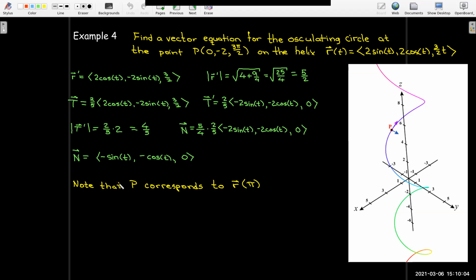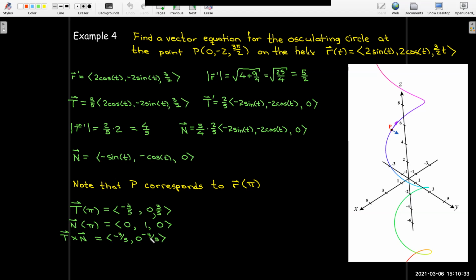So P corresponds to the position vector when t equals pi. So when t equals pi, the unit tangent vector has components -4/5, 0, and 3/5, while the unit normal vector has components 0, 1, and 0.